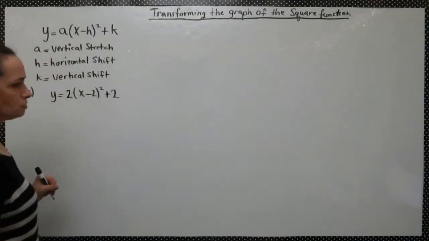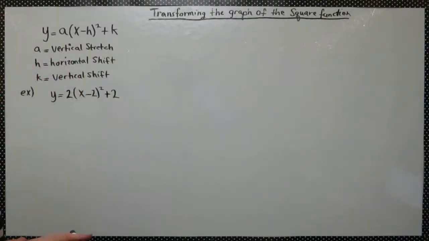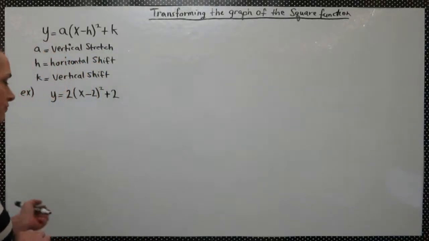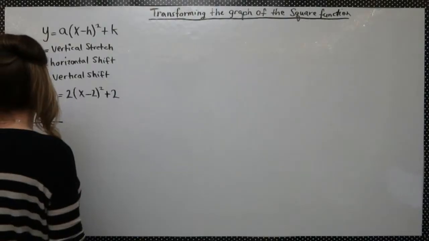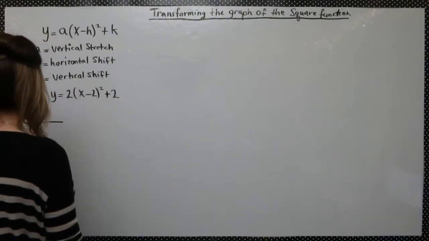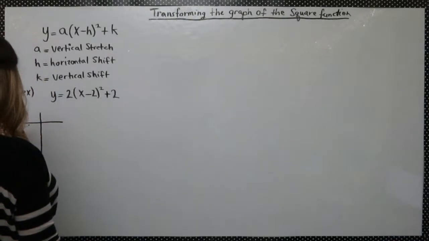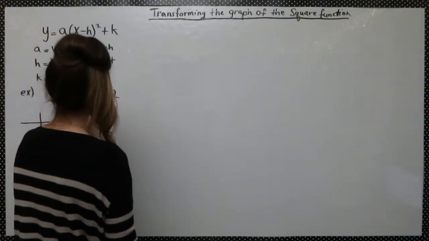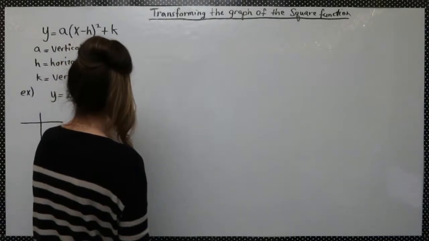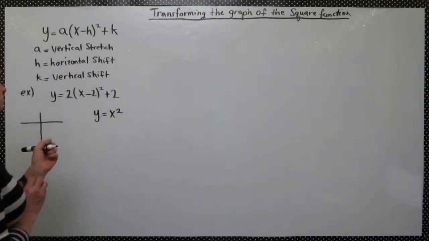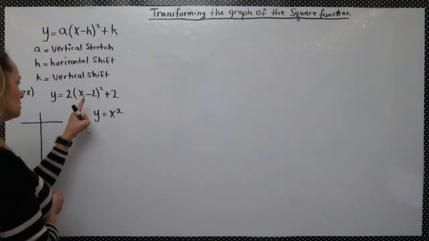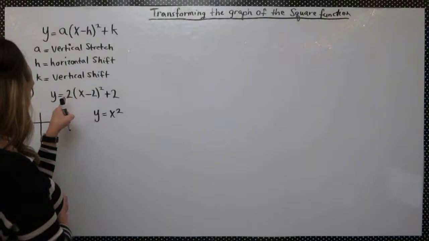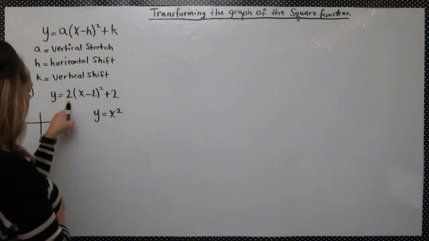So I'm using all the transformations, those same functions that we used before. And then we're going to make a table of values. So we have our basic function y equals x squared, and I'm shifting it to the right 2 units, up 2 units, and then I'm having a factor of 2.